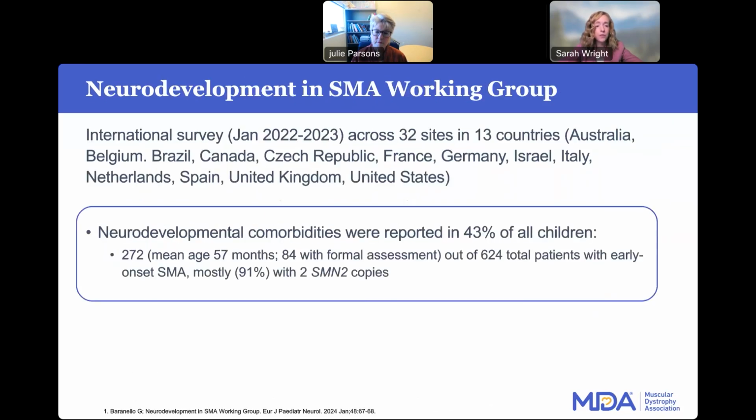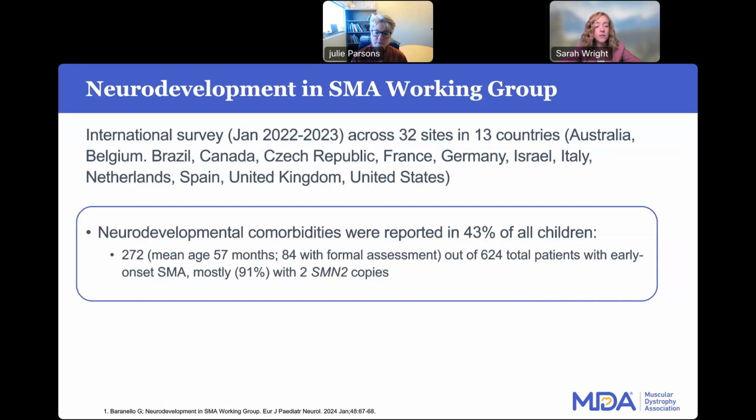And so there's been a few different, widely published articles. There is a European working group that is looking at neurodevelopment in SMA. And I think it was a surprise to many clinicians in SMA when they did an international survey that these clinicians reported about 43% of all children had some neurodevelopmental comorbidities ranging from autism to learning difficulties to difficulties with cognition.